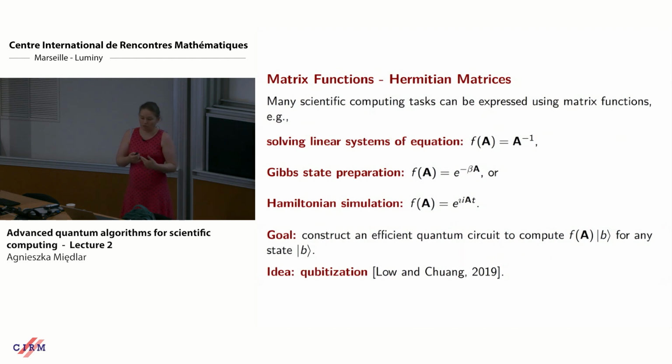So I will have a Hermitian matrix which I can diagonalize. And as you see, a lot of problems can be turned into that problem. So if I want to solve a linear system, you can say, okay, this is the same as evaluating a function of A. This function is the inverse of A for a non-singular matrix, applied to vector b. And then I will get the solution of the linear system.